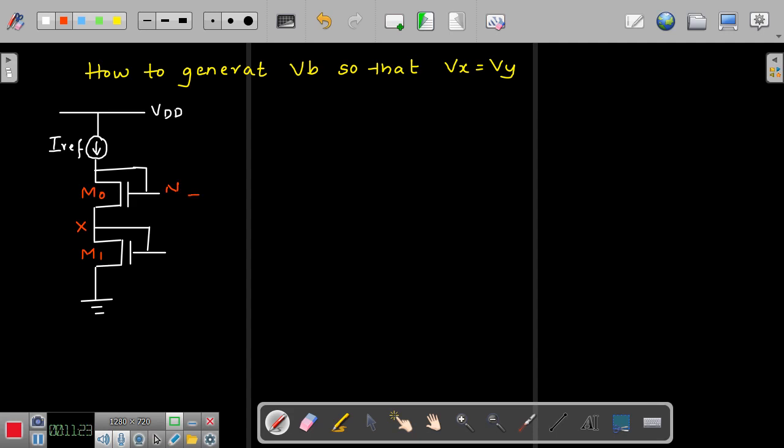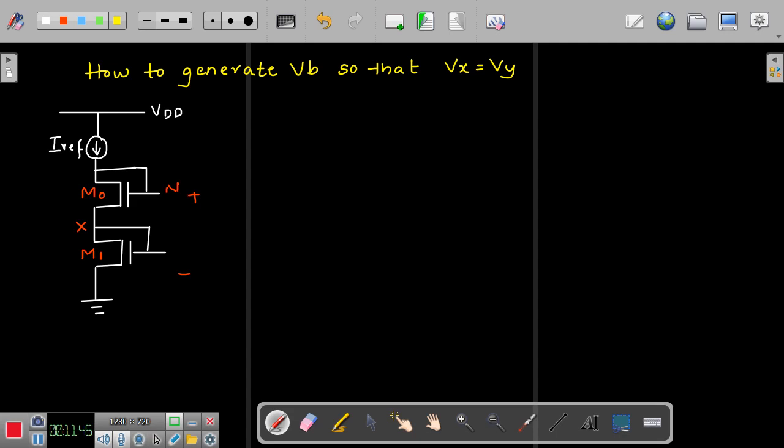Now if I take this as plus and this as minus, let us see what exactly we are going to get here. All of you please copy down this circuit. Now we are in the process of how to generate VB, that is in the previous frame.